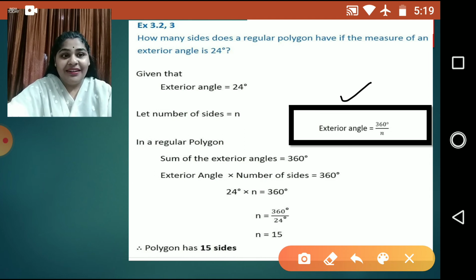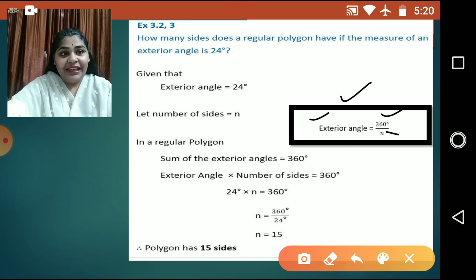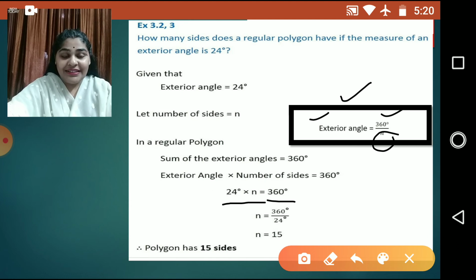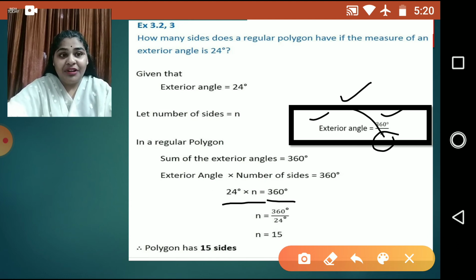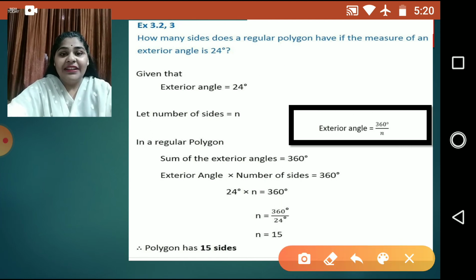Now you can see here, the exterior angle is given to you, 360 degrees we know, and we have to find n. So let us substitute. 24 multiplied by n is equal to 360 degrees.